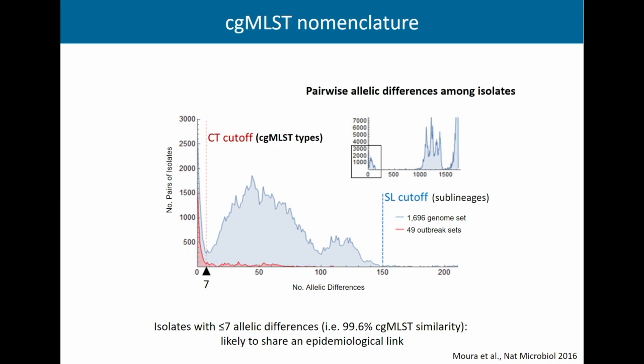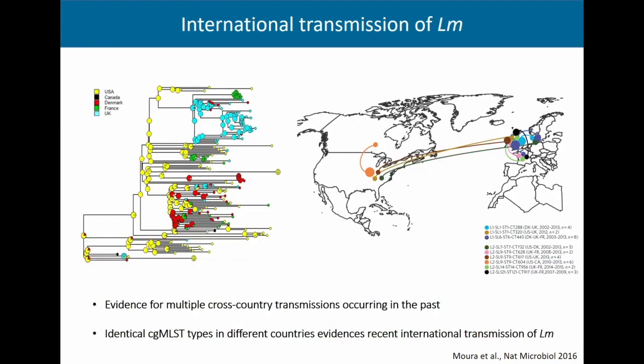So this led us to define empirically a cgMLST type as a set of strains that contains less than 7 allelic differences. And we expect them to be part of the same event epidemiologically, the same outbreak. This may evolve with time and the number of strains and outbreaks investigated.